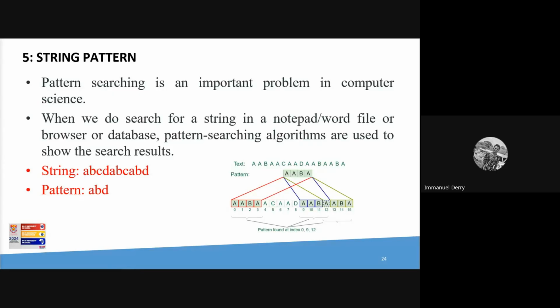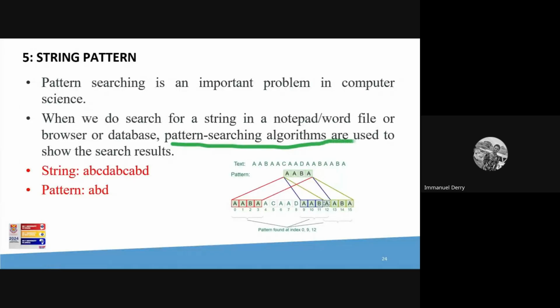All right, so let's talk about string pattern match. It basically talks about pattern searching, which is one of the important problems in computer science. When we do a search for a string in our notepad, our Word document file, or browser, or even a database, this is where pattern search algorithms are used to show the search result that we have.